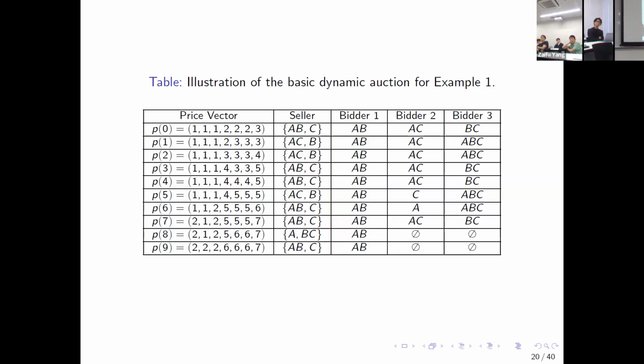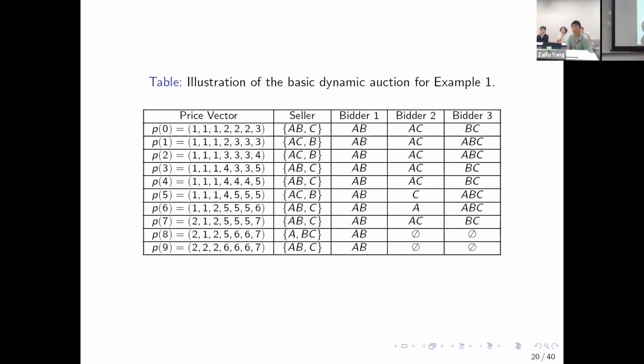Then the next step. Now look here, the seller takes AC, which is 3, and B is 1, so 4. So this is optimal for the seller. The highest revenue for this price is 4.